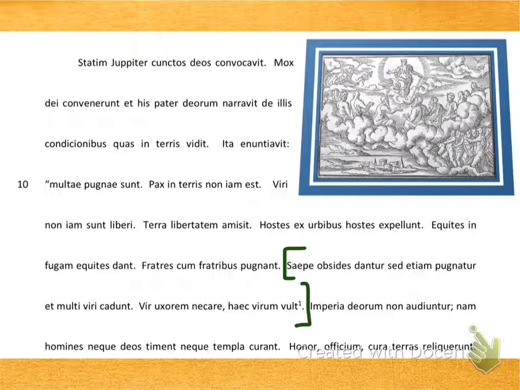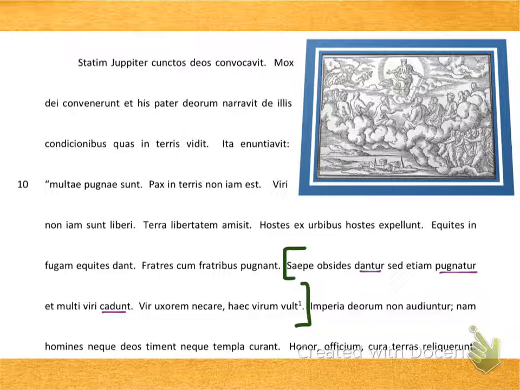Let's begin with sentence 13, and notice that it has three separate verbs: dantur, pugnatur, and cadunt. Dantur and pugnatur are in the passive voice, while cadunt is in the active voice.